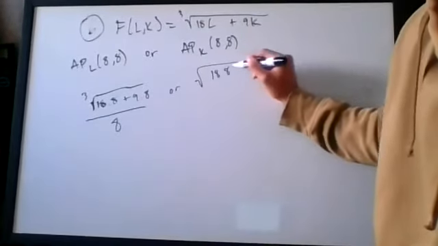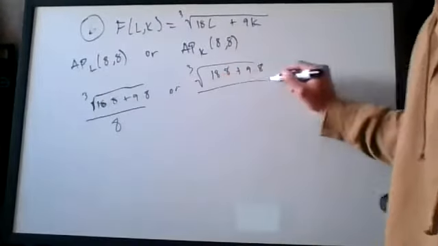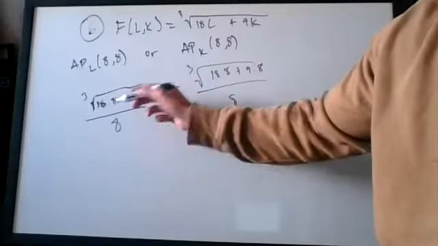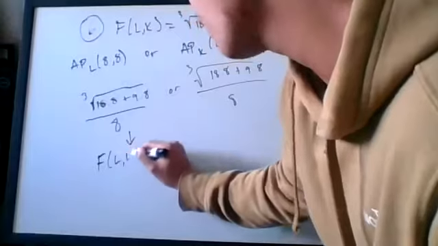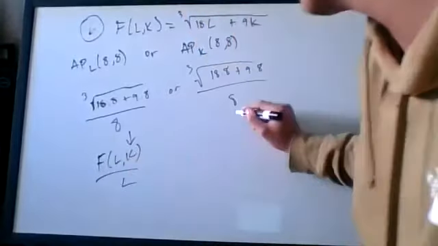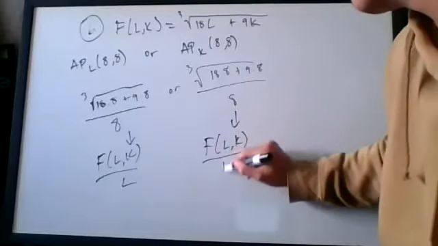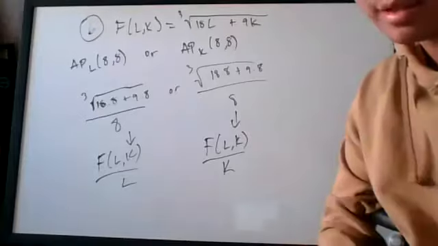So you don't even need to multiply it out, because this is F(L,K). This is the same as F(L,K) over L, and this is the same as F(L,K) over K. Hopefully you guys see that. Are there any questions about that?